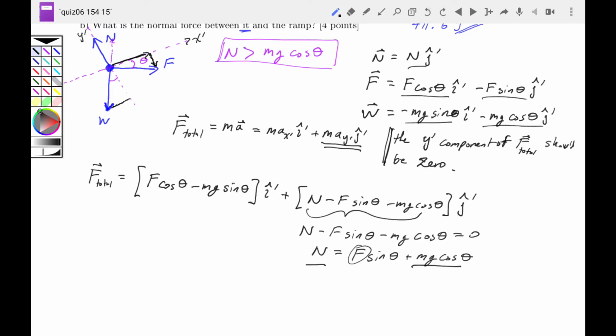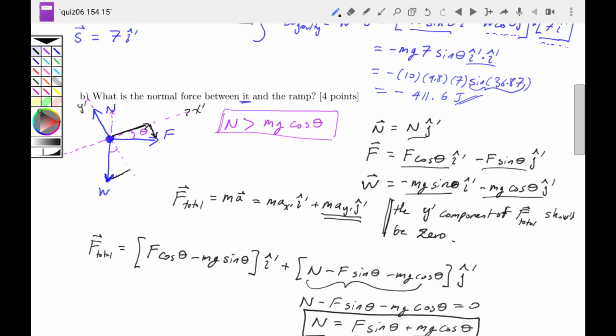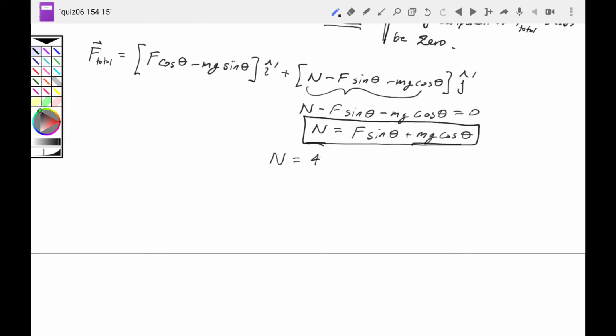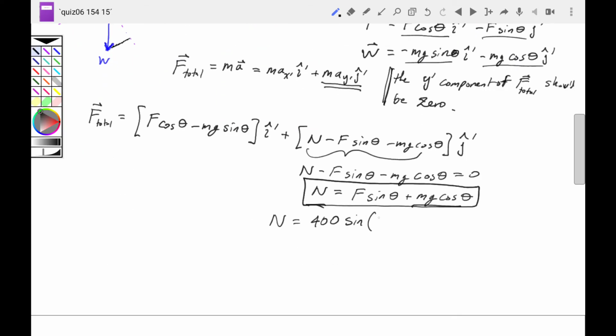So this is the expression. And the numerical value, F was what? F was 400. 400 sine of 36.87 plus 10 times 9.8 times cosine of 36.87.